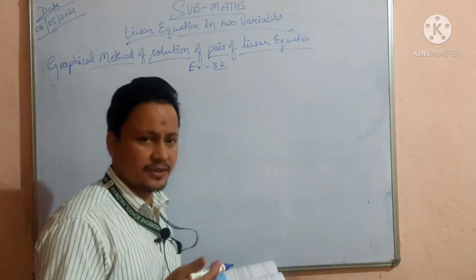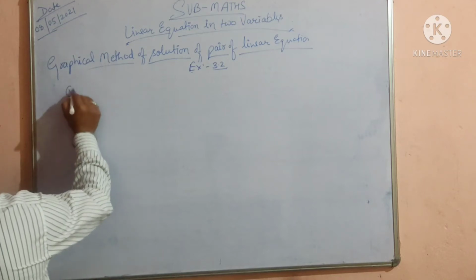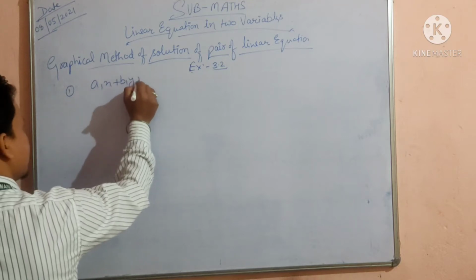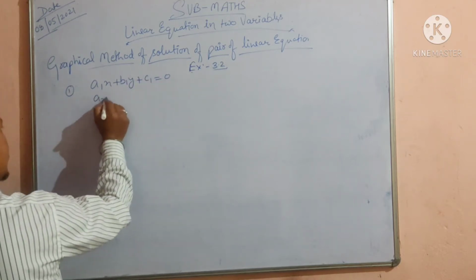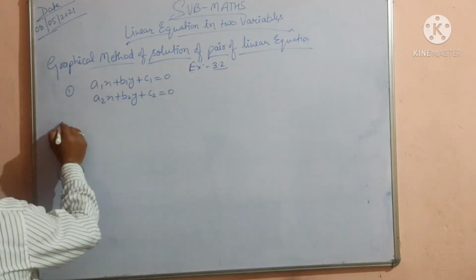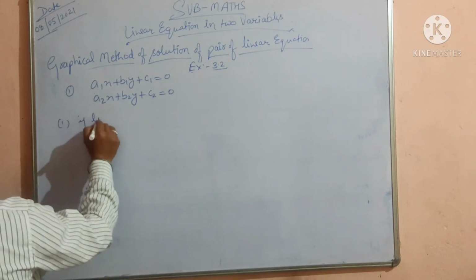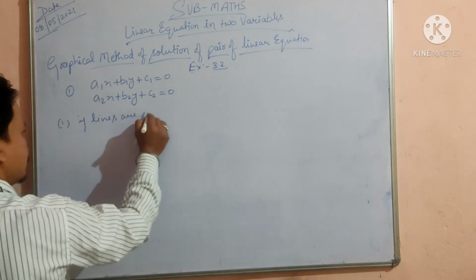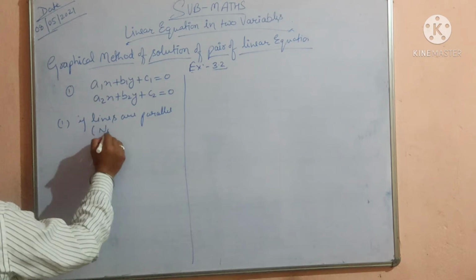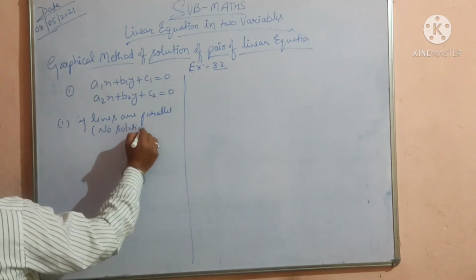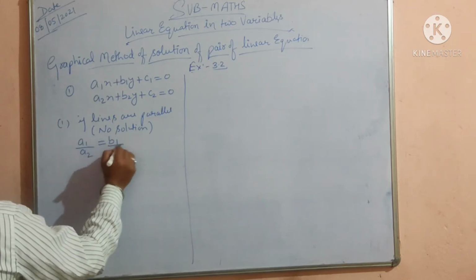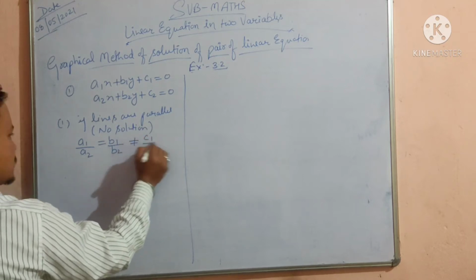Before I solve this question, earlier I discussed that if you are given a pair of linear equations in two variables, a1x plus b1y plus c1 is equal to 0 and a2x plus b2y plus c2 is equal to 0, then in the very first case, if the lines are parallel, you get no solution. And the condition for it is a1 upon a2 equal to b1 upon b2, and this will be not equal to c1 upon c2.